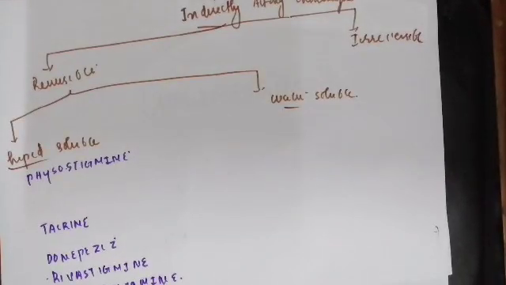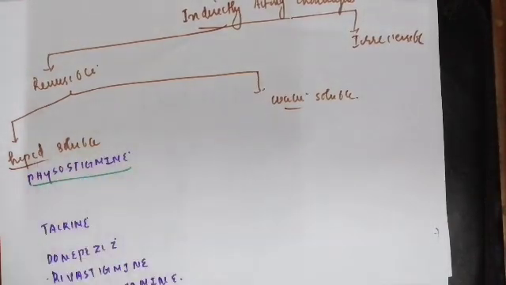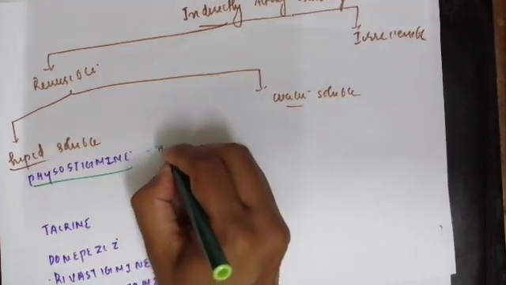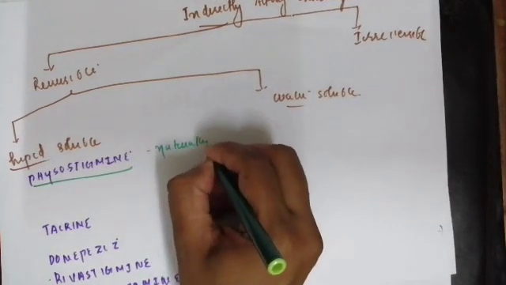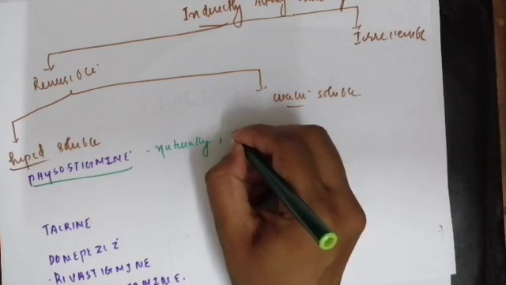So what about physostigmine? A few words about physostigmine. It is a naturally occurring tertiary amine and it is lipid soluble.